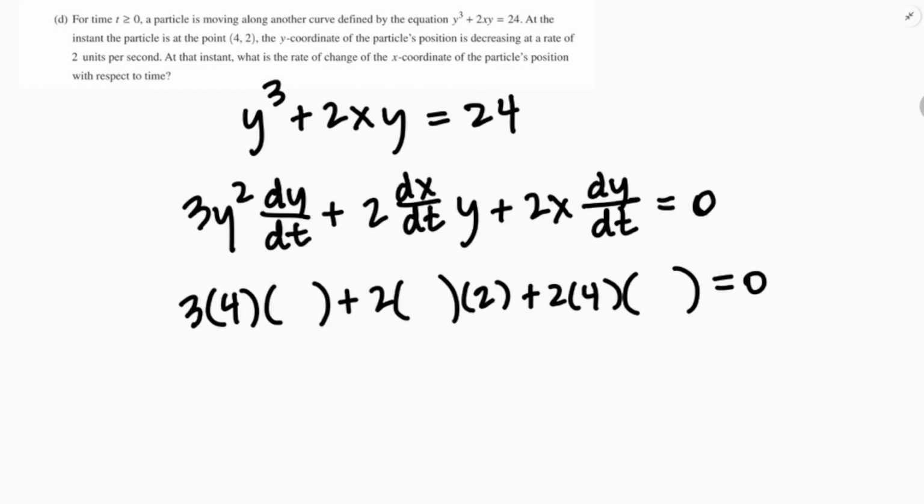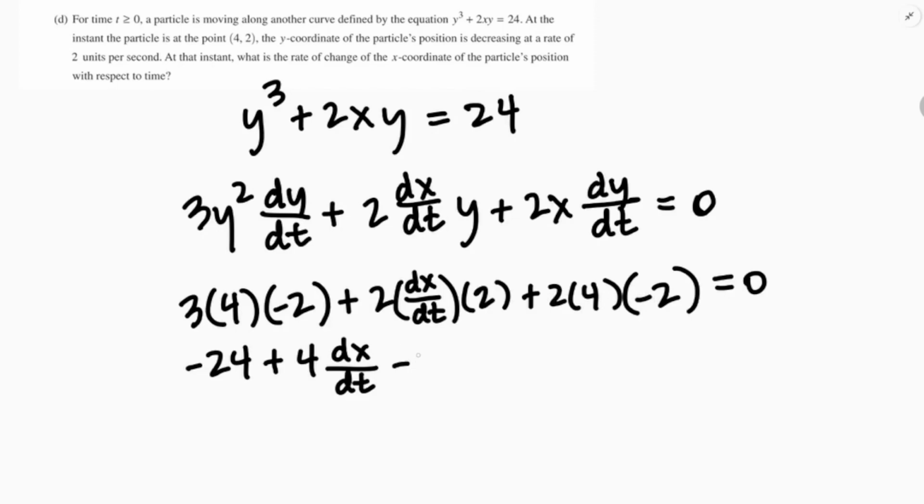Okay, the y coordinate is decreasing by 2 per second, so dy/dt is -2. So I'm going to have this equaling -2 and that one equaling -2. So -24 plus 4 times the thing I'm hoping to solve for, dx/dt, minus 4 times 4, which is 16, that's going to equal 0.